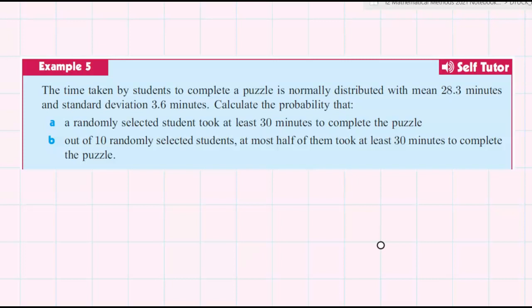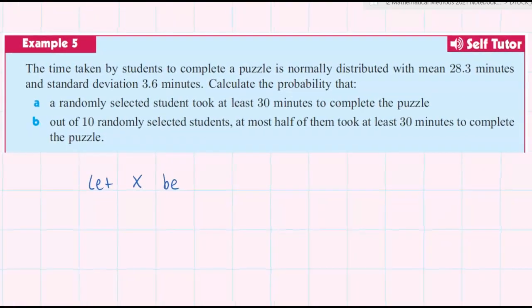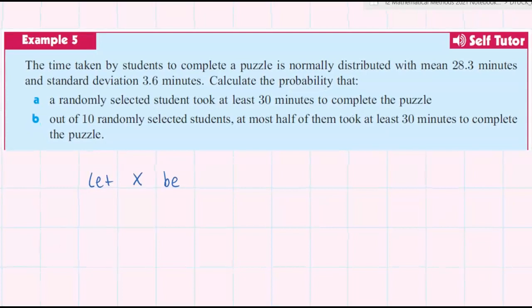Okay, Alex, what do you think we should define it as? Have a read of the question. What is the variable that has been normally distributed?